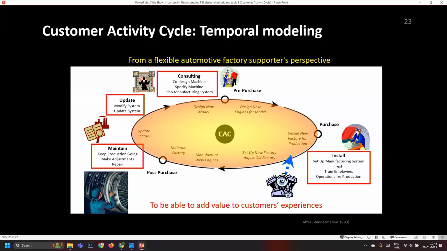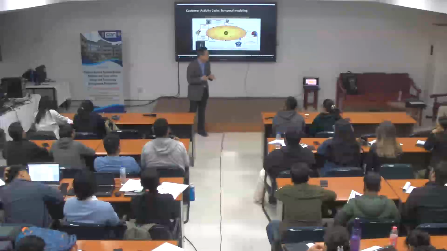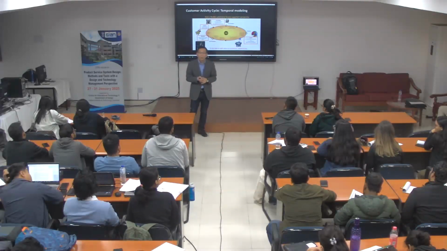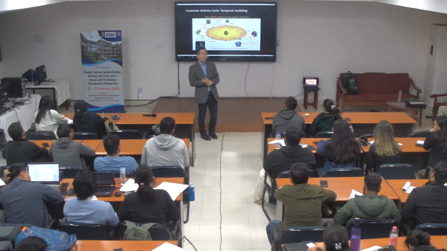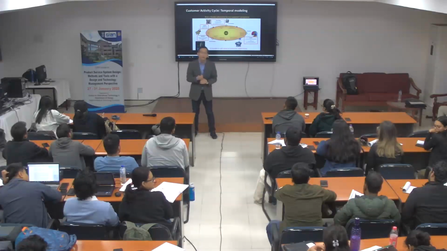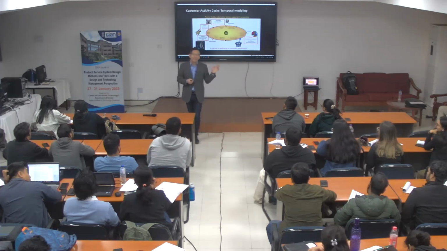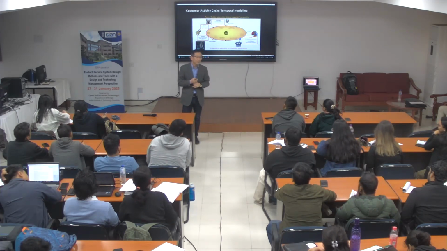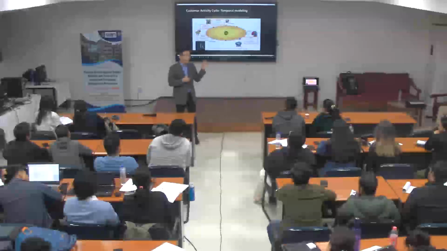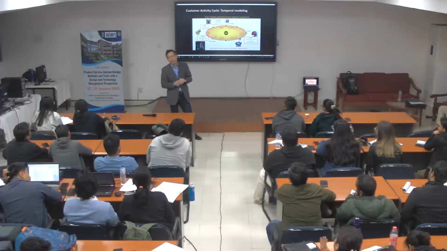So, I would like to take any question that you may have for the layer method and customer activity cycle right now. Are you ready to use this layer method and customer activity cycle? You get a very simple Excel format.